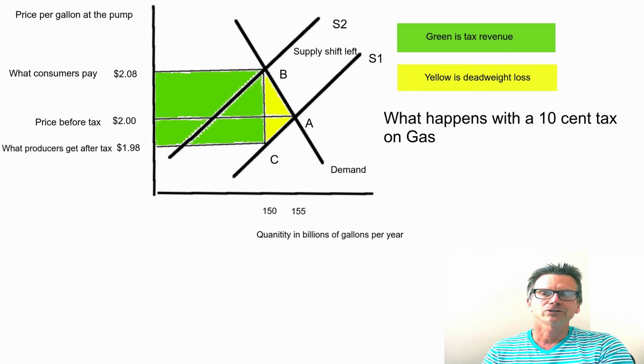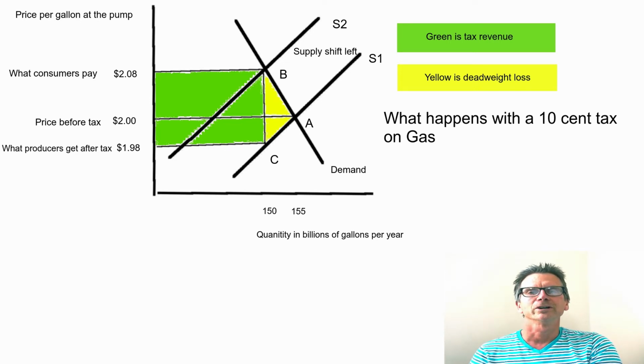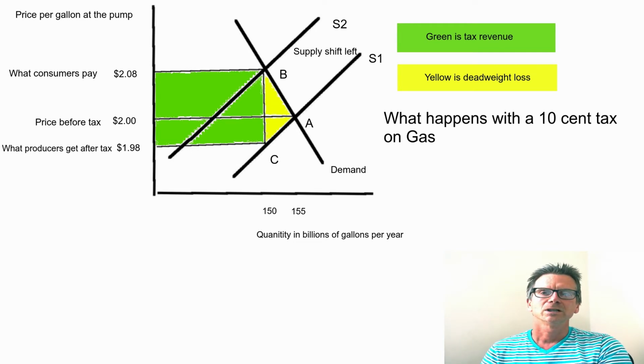Does it matter if the tax goes to the consumer or the producer, who sends in the tax receipts? I think it's easier for the government to put it on the producer, because Exxon Mobil or whoever simply has to write the check. But if you had to write the check every time you go to the gas pump, it's a different story. But let's just take a look.